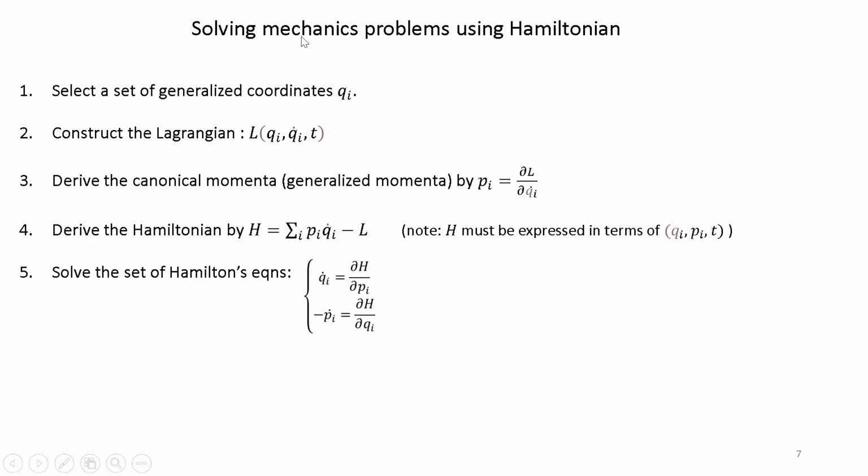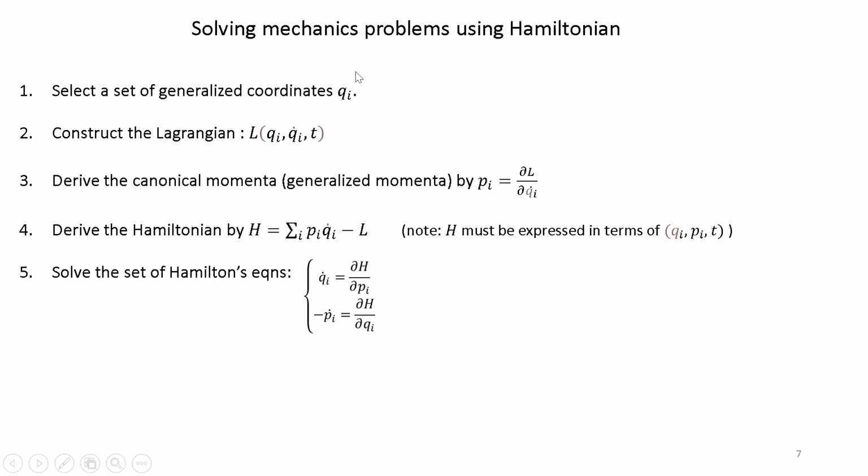So what is the procedure? The procedure is that we still need to start with the Lagrangian, because the Hamiltonian has to be obtained from the Lagrangian.